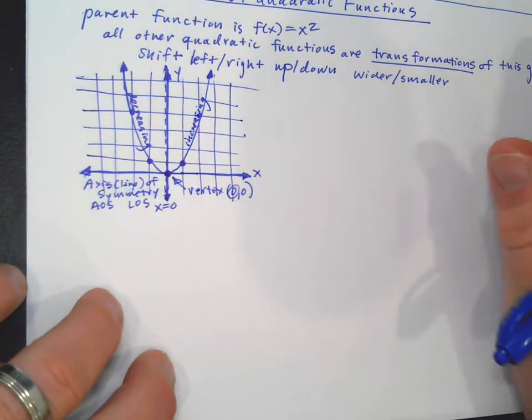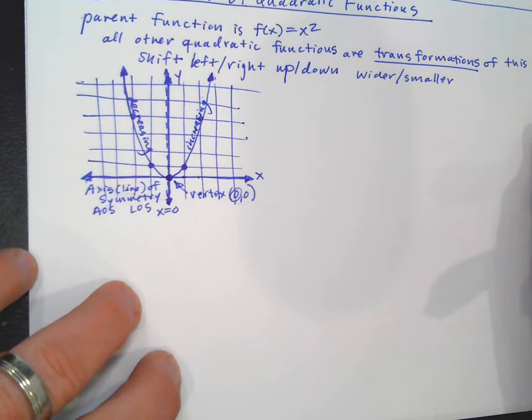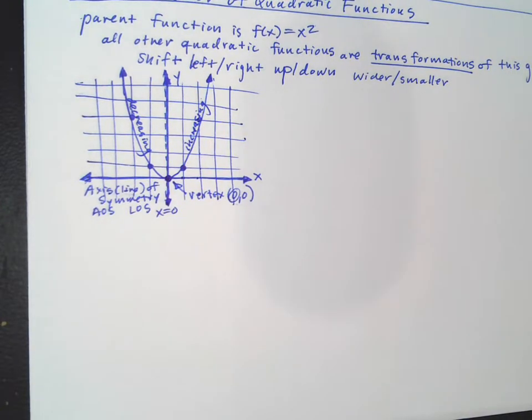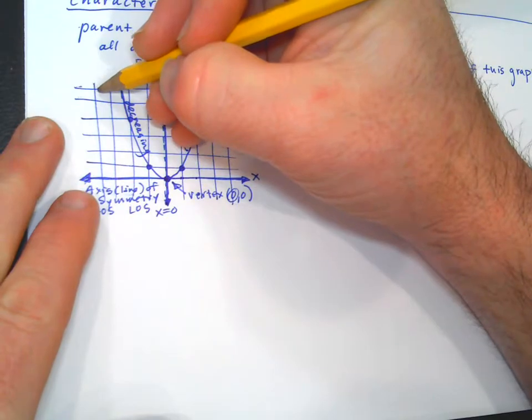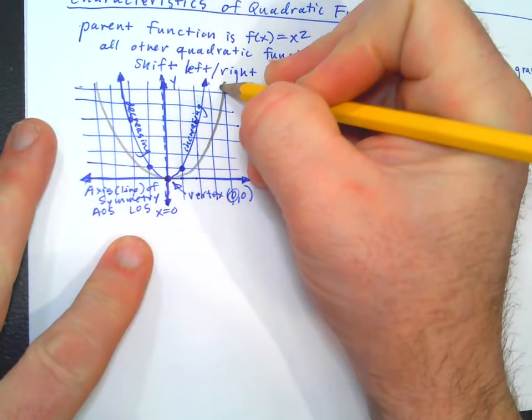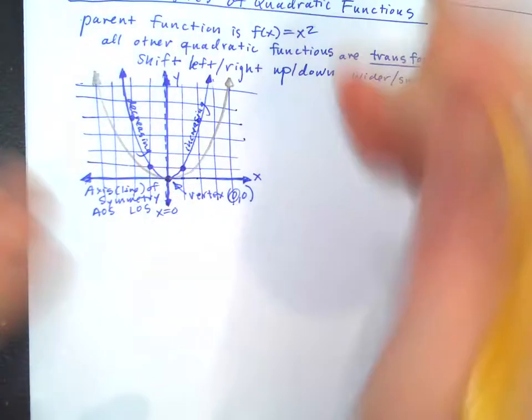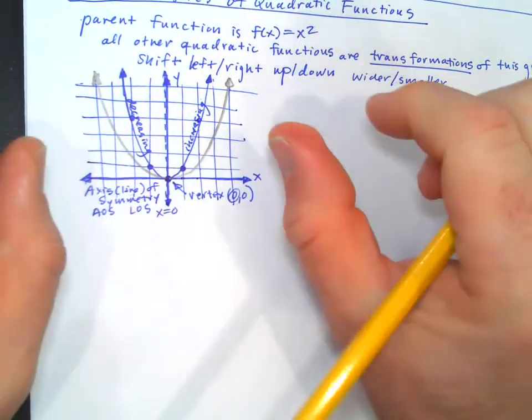So this is the parent function. Sometimes something changes the graph. I'm going to use a different color right here. It might make it go like this. It has the same shape, but it looks kind of squished, flat or wider.